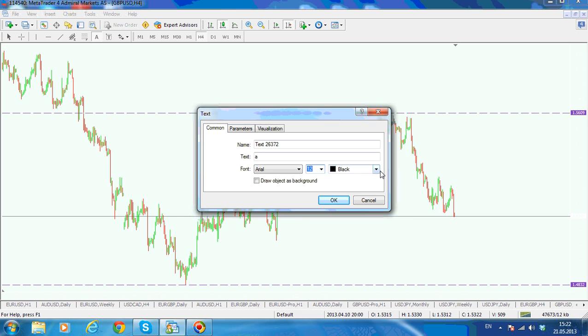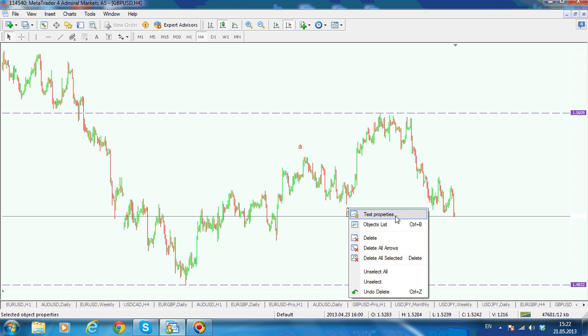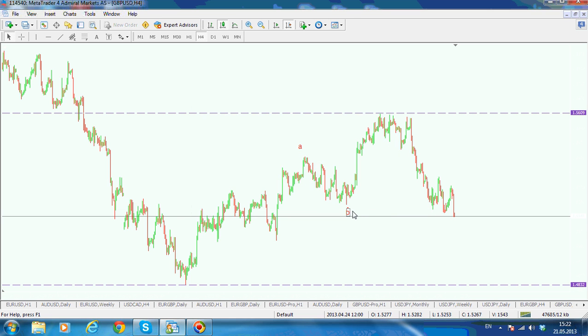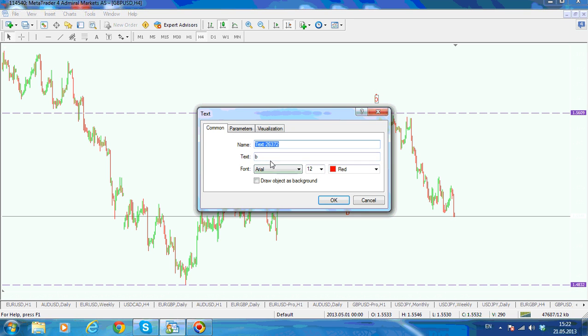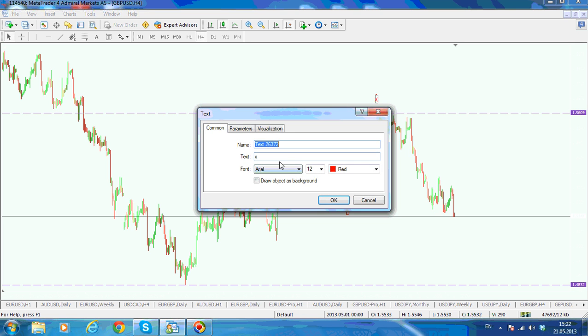So let's make it 1, 2 and red. Then the B wave here. And the C wave to the upside like this. So to have already an A, B, C, and probably the move to the downside here to be an X wave.